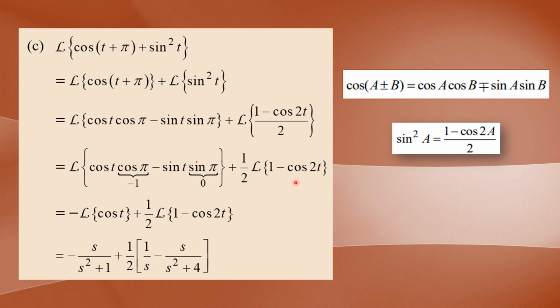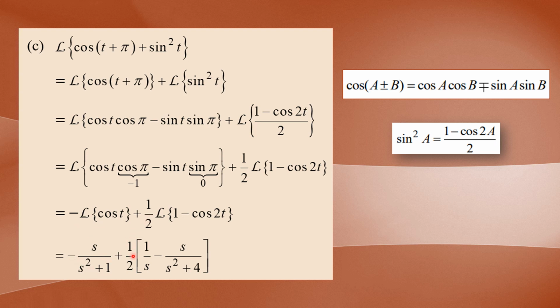And for this part here, we can factor out the constant half. So half multiplied by the Laplace transform of 1 minus cos 2t. So let us now find the Laplace transform of each of these. Now the Laplace transform of cos kt, where k is equal to 1, will be s over s squared plus k squared, so with k equal to 1, the answer for the first term will be negative s over s squared plus 1.